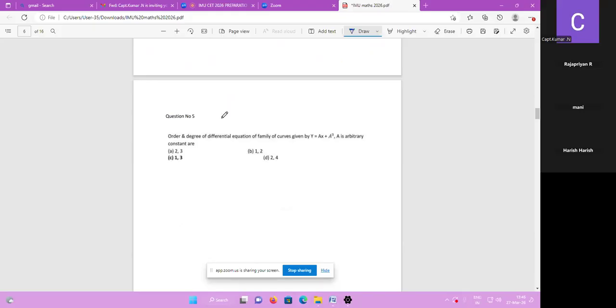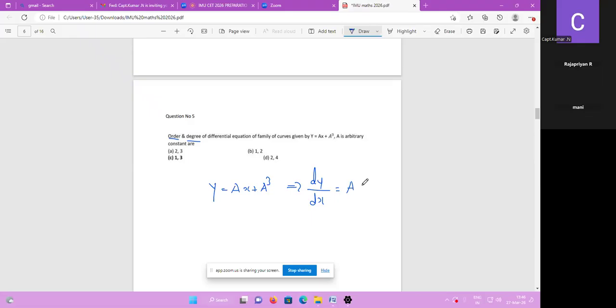Now, differential equation. What most students do: the given equation is y equals ax plus a cube, and they are asking the order and degree of the differential equation. They just do dy by dx equal to a. To find the differential equation, we have to remove all the constants.